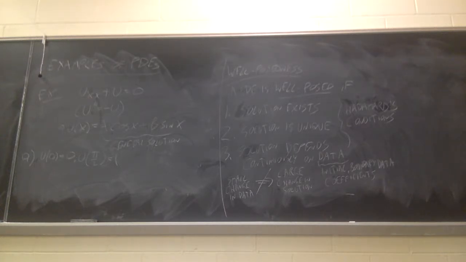Recall your trig, which may be a dicey proposition for some. So plug in 0 for x. Well, if you do plug in 0 for x, that just leaves A, since sine of 0 is 0.